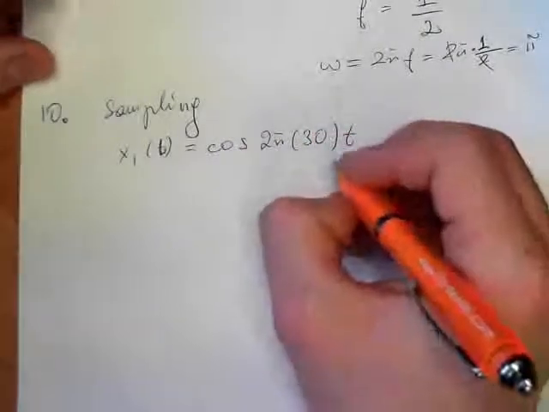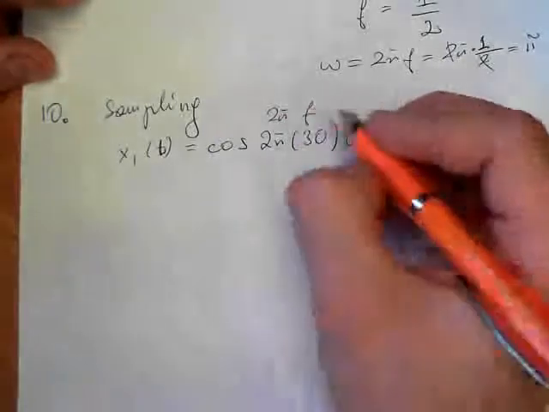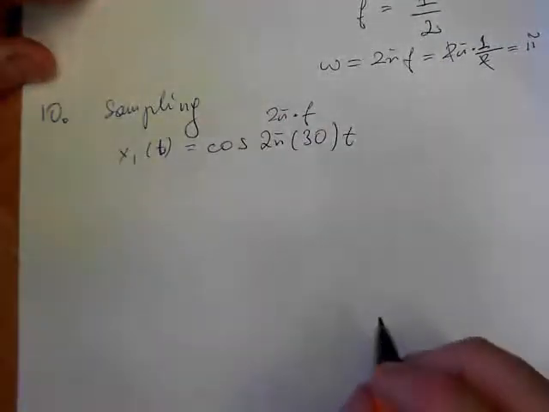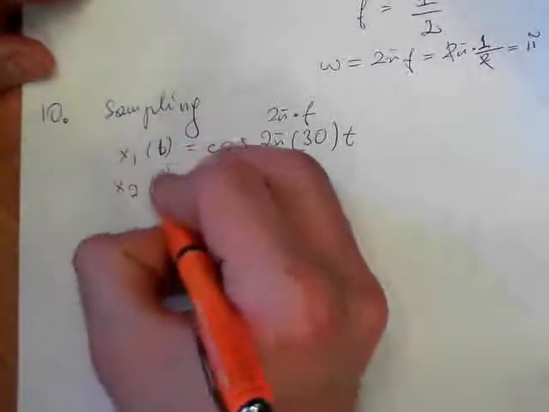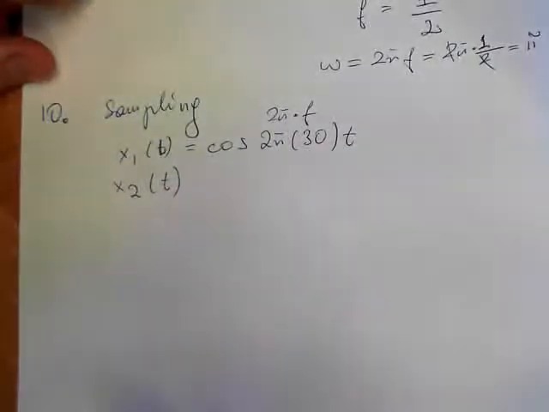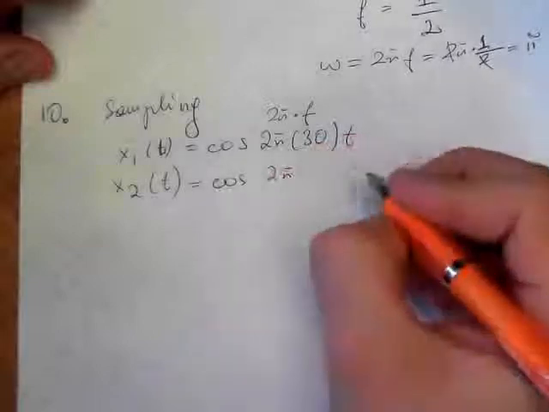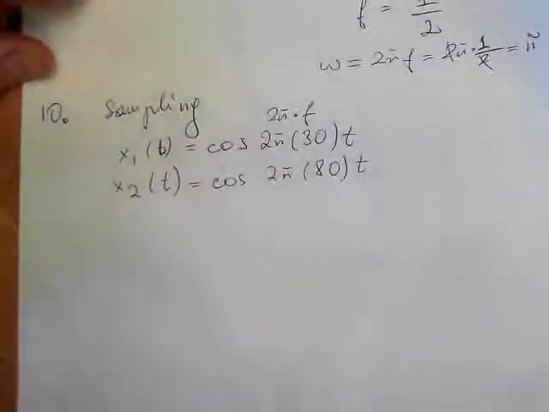It's also written in this form, 2 pi f, in this form, so it would be easier to calculate. Another one is x2(t) is cos 2 pi 80t.